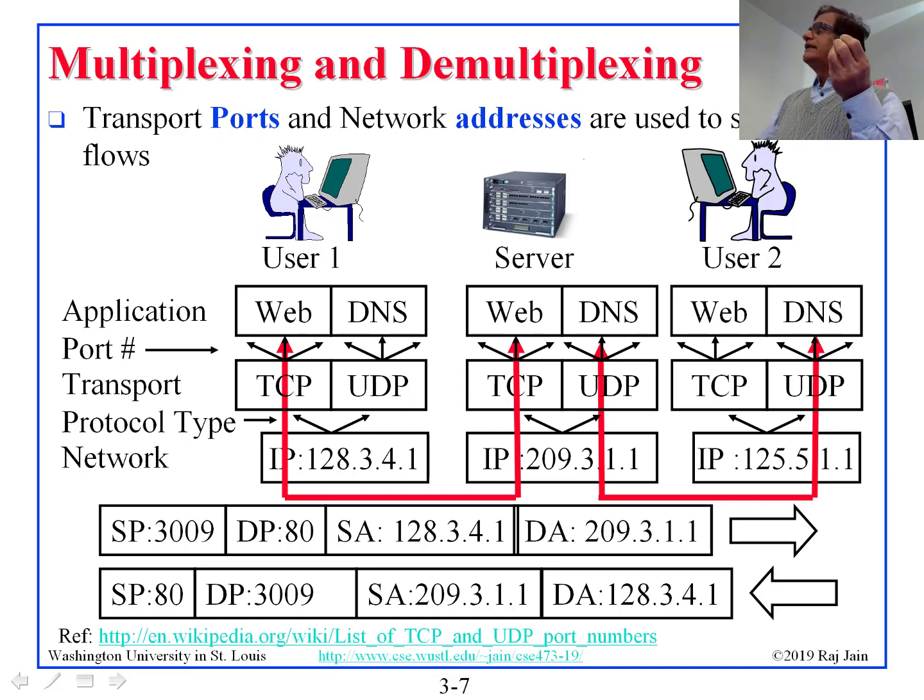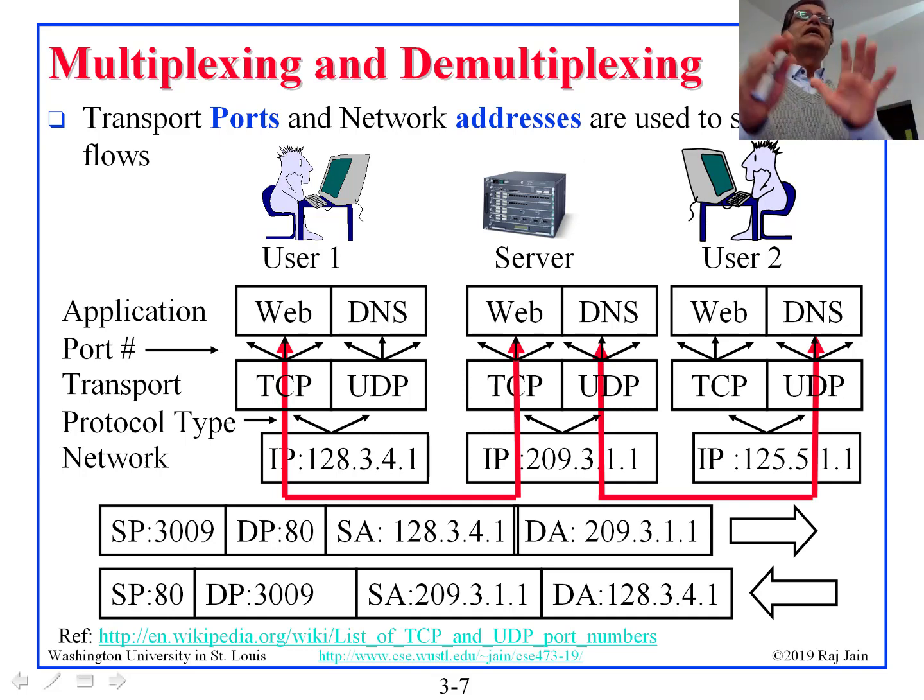Okay. And the DNS will again do the same thing. It will interchange the source and the destination addresses and the source port and the destination port, and will come back to the same user, same process, same place. So many different users from many different computers could be reaching the same server.